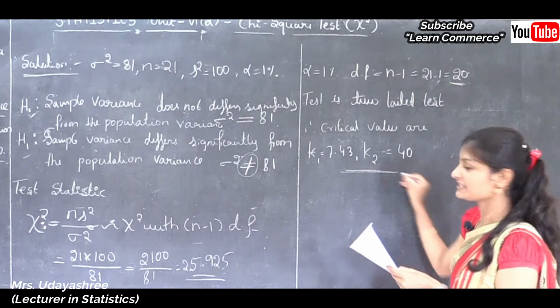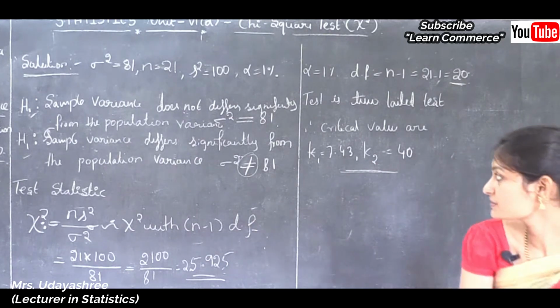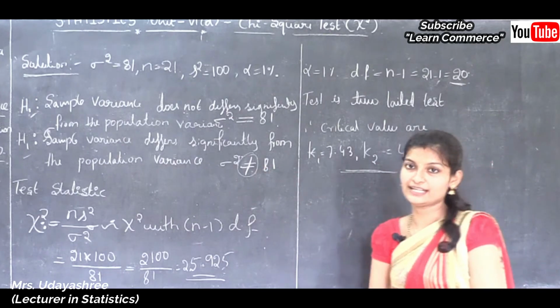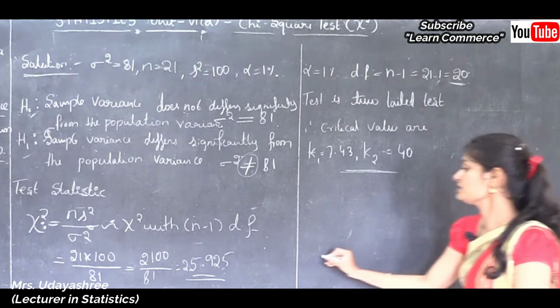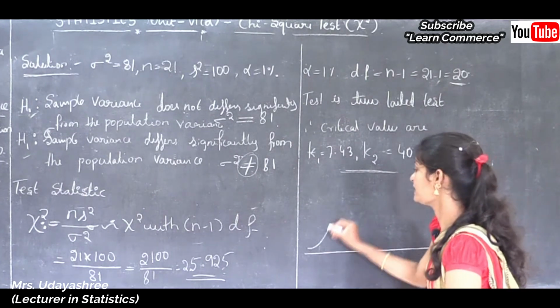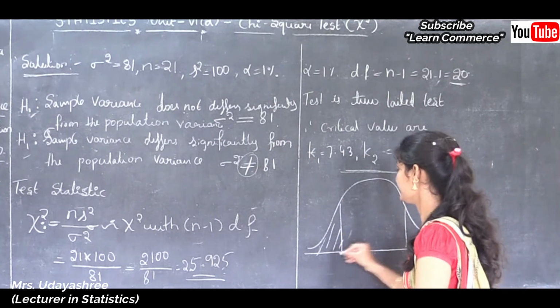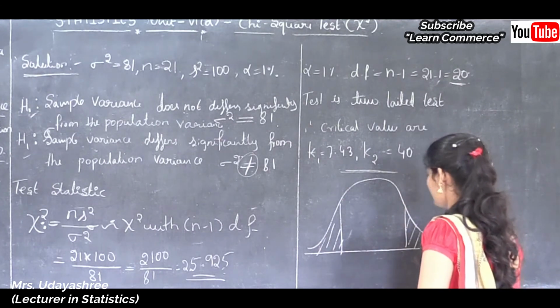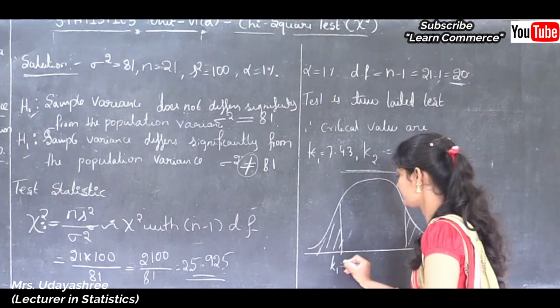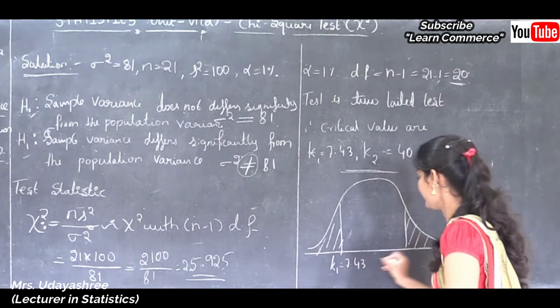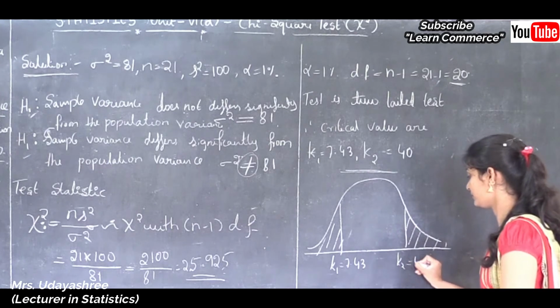Since this is a not equal to type, it is a two-tailed test. For a two-tailed test, the rejection region is located at both tails of the probability curve. Here K1 value is 7.43 and K2 value is 40.